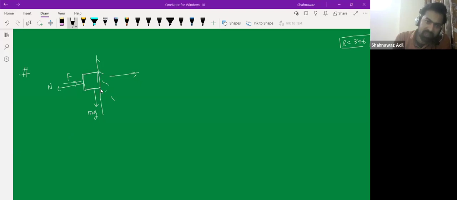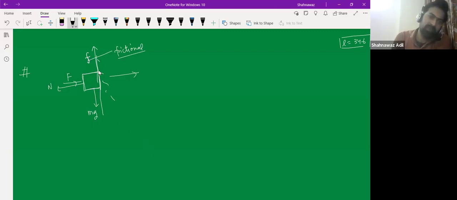You see that these surfaces are touching, so this is the direction of the frictional force. So the frictional force is balancing this thing. Friction is the root cause that it is not falling. Due to friction, it is not falling.